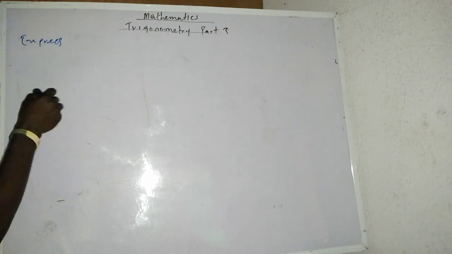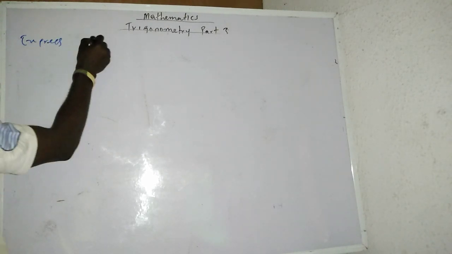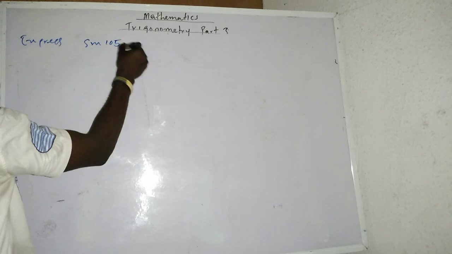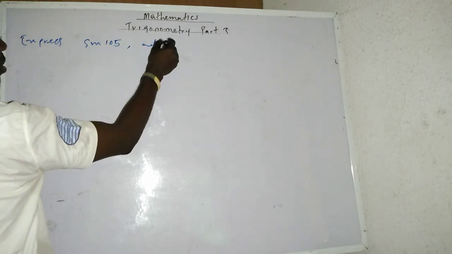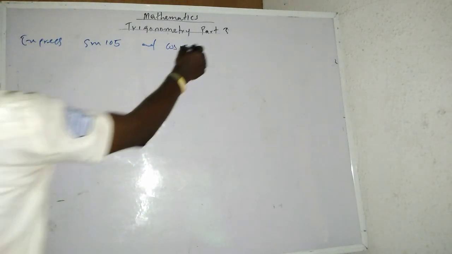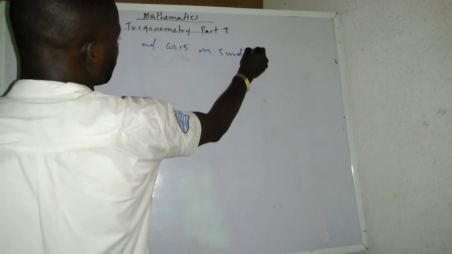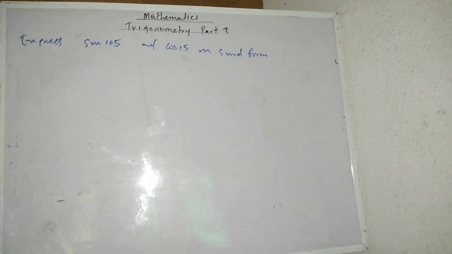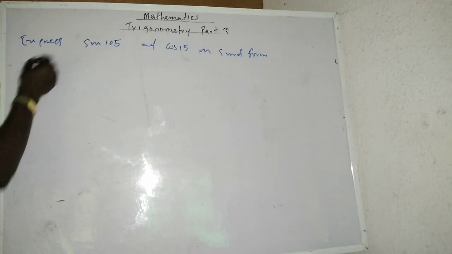The last problem will be, for instance, express sine 105 and cos 15 in short form. Now, express this and this in short form. How do I solve the solution?